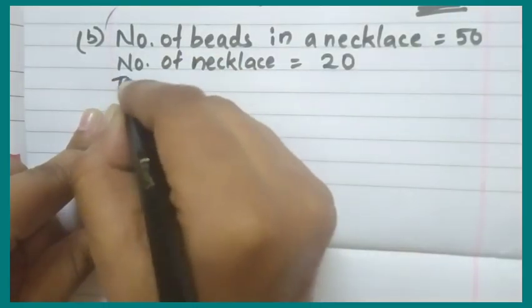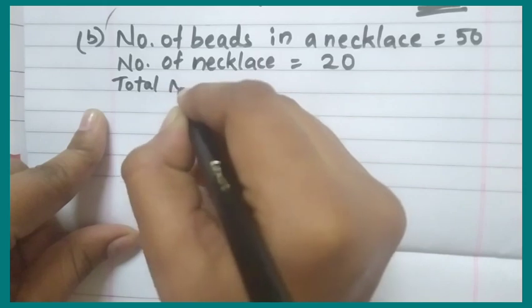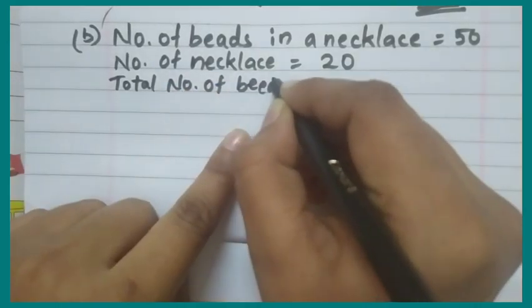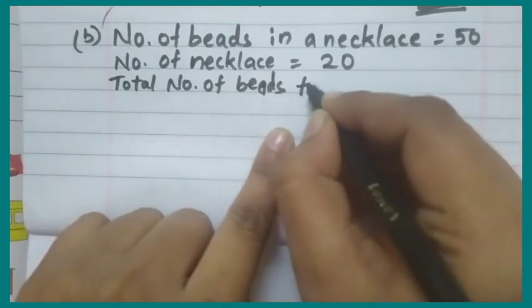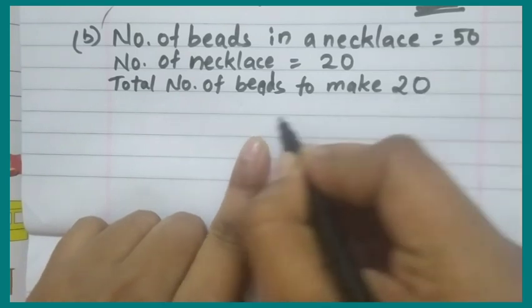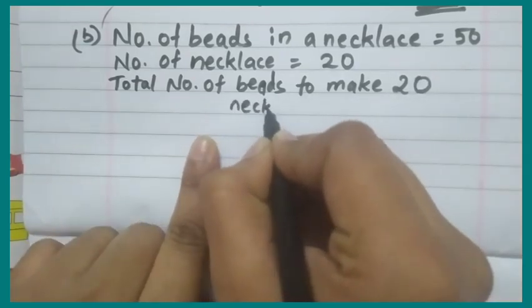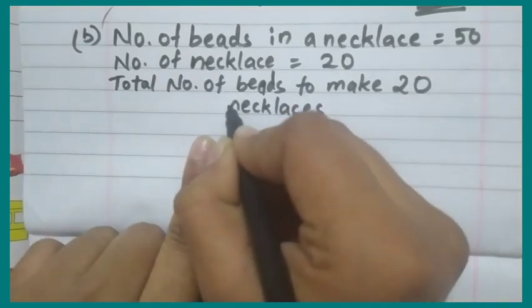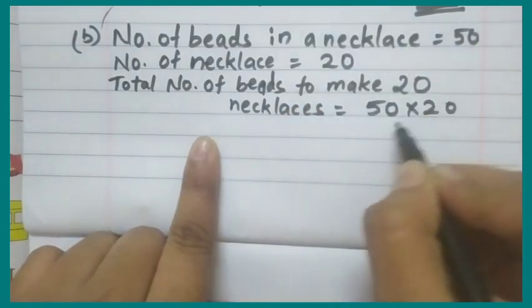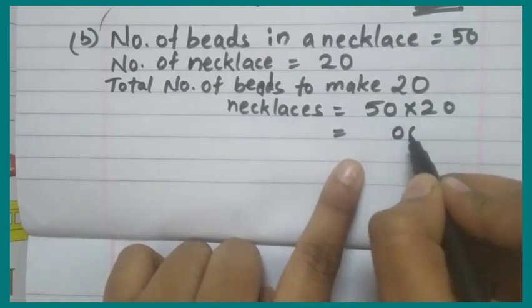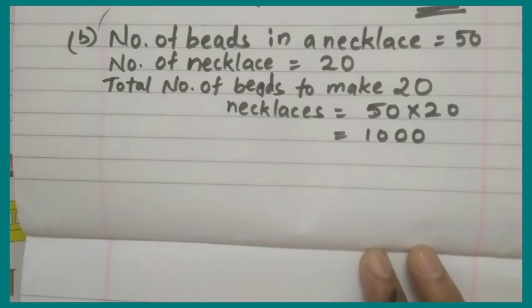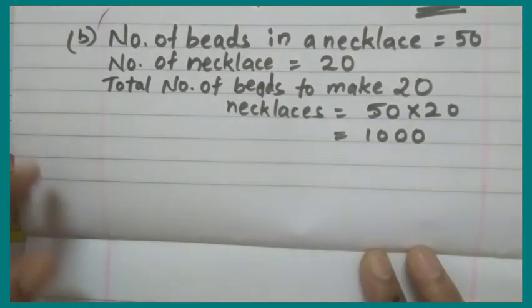First we will write total number of beads to make 20 necklaces. For that we will multiply these two. 50 into 20, zeros we write as it is, 5 2s are 10. Therefore we need 1000 beads to make 20 necklaces.